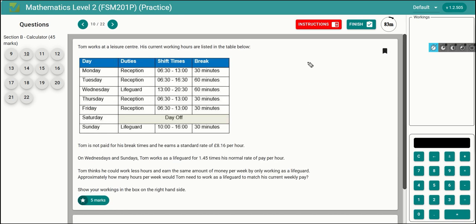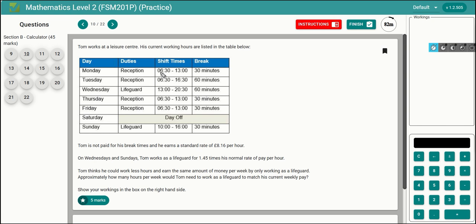Okay, question 10. Tom works at a leisure centre. We've got his working hours. So what I'm going to do is work out how many hours he works, because he's not paid for his breaks. So let's work out how many hours of actual work he does. It doesn't matter when he takes his break. So let's add the 30 minutes onto the start time. Let's say he takes his break as soon as he arrives at work.